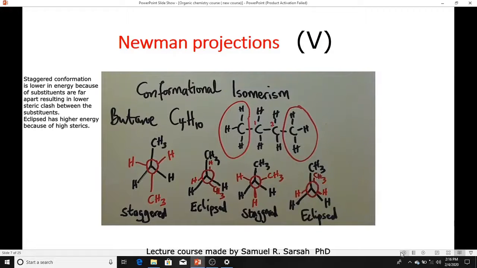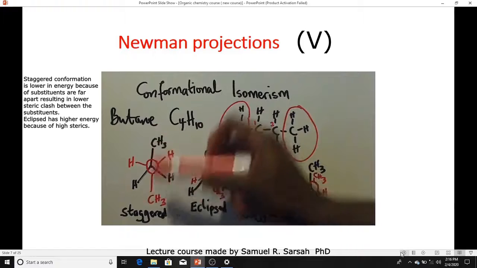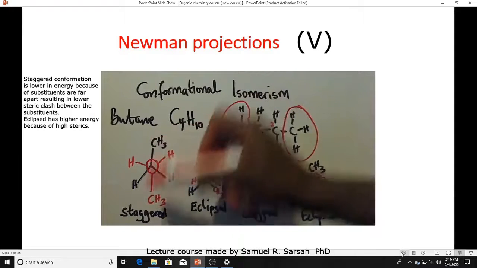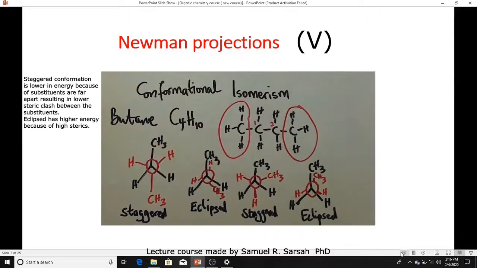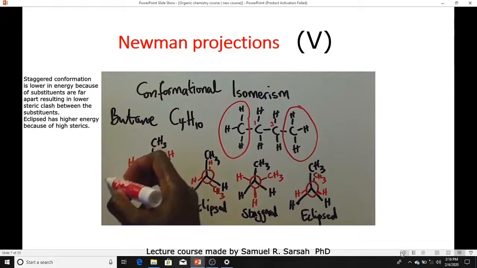Alright. Now this situation where the bulky groups are far apart from each other and directly opposite each other is called anti conformation, or staggered anti.